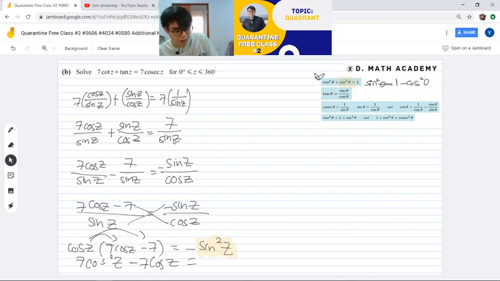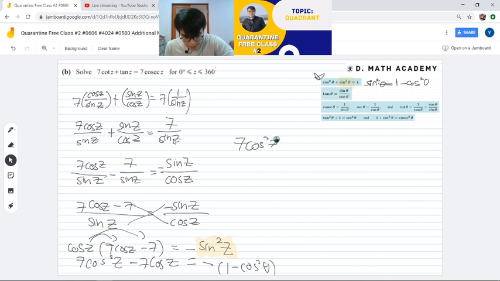Okay, so I change it out and I got a negative 1 minus cosine square theta. Through this, let's complete the rest. The 7 cosine square z minus 7 cosine z goes to negative 1 cosine.